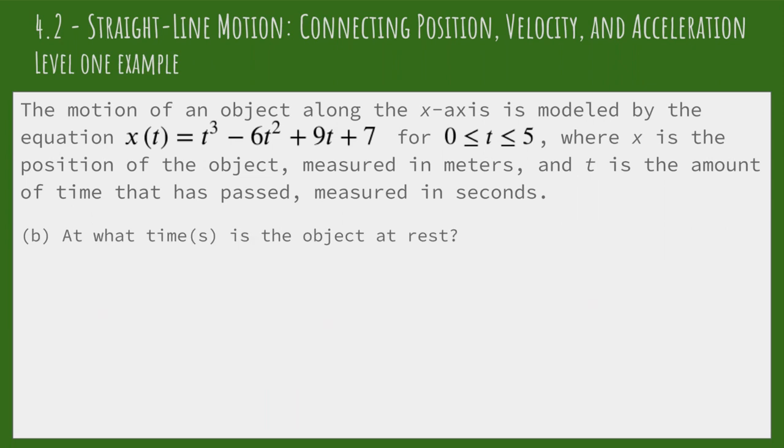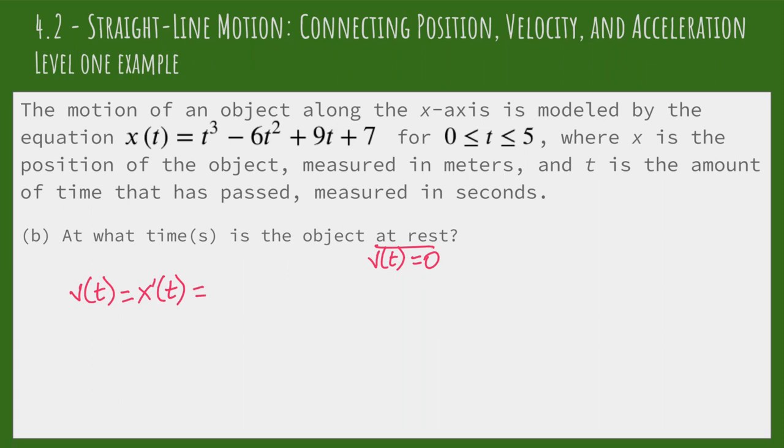The next question says, when is the object at rest? At rest is talking about the motion of an object, not where it is. So when we're talking about the motion, we want to know where the velocity is equal to 0. The first thing we need to do is find the velocity. The velocity is given by the derivative of the position.